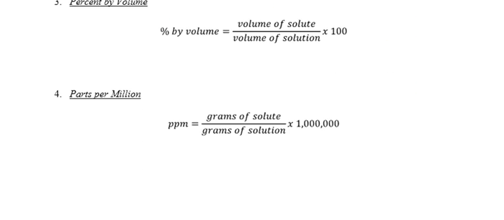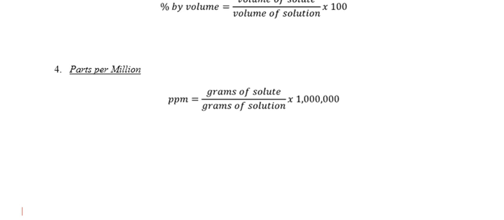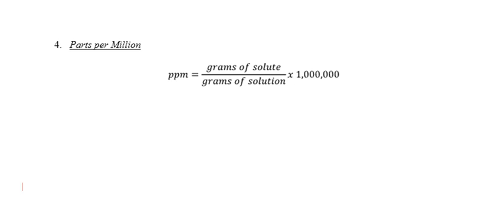And the next most common type of question asked is parts per million. Parts per million on the back of the reference table looks exactly like percent by mass, except instead of multiplying by 100, we are multiplying by 1,000,000. And this is used when you have very, very small concentrations. So that's essentially it for the types of formulas.